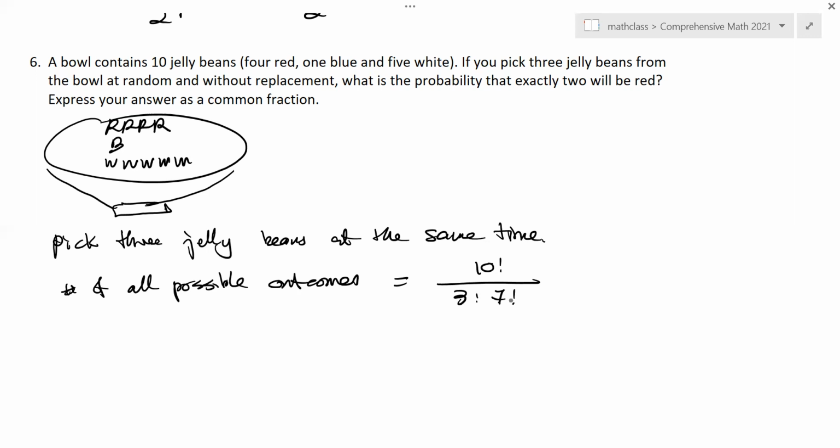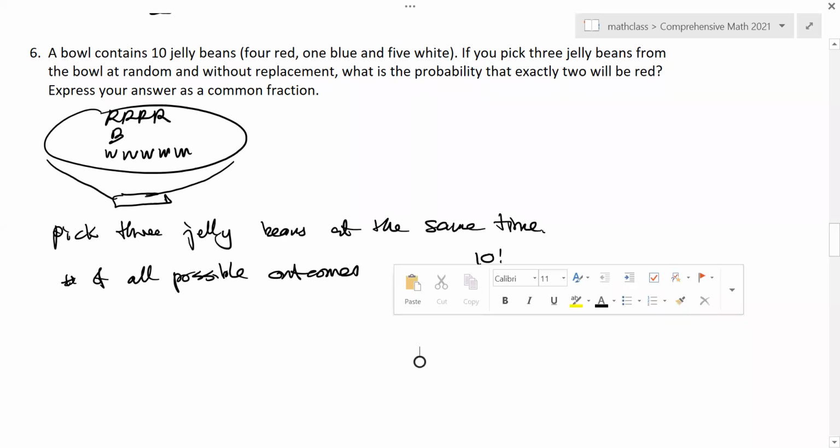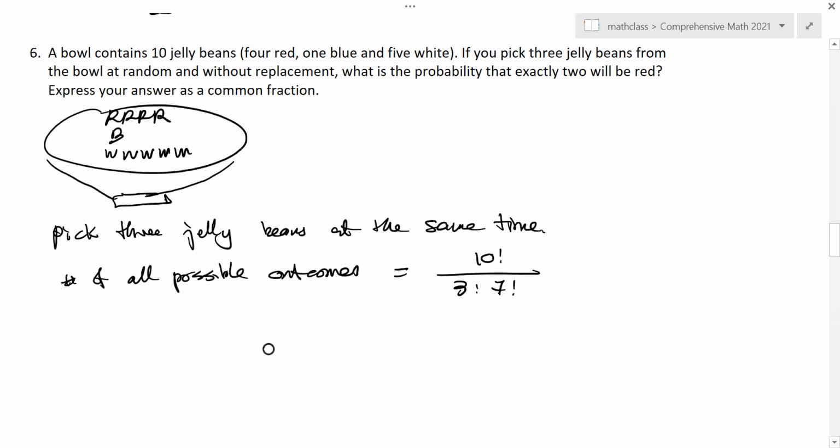All right, so now you are going to make sure 2 of them are red, and the other one is either blue or white. So now we look at the number of desired outcomes.